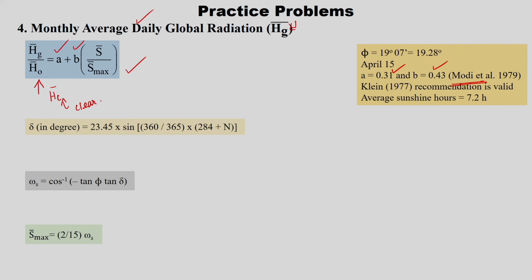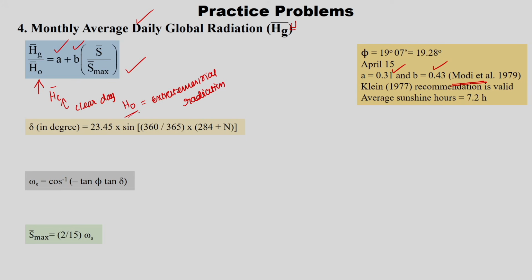As I said, there is confusion in defining a clear day. So, it was later replaced by H naught, because Hc bar seems to be equivalent to the extraterrestrial radiation.